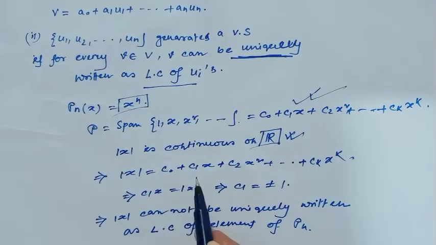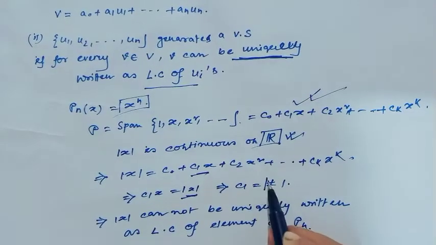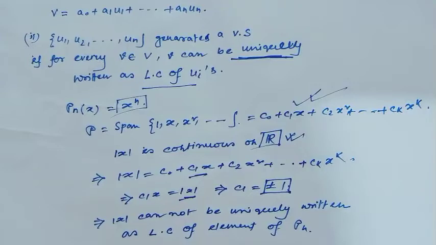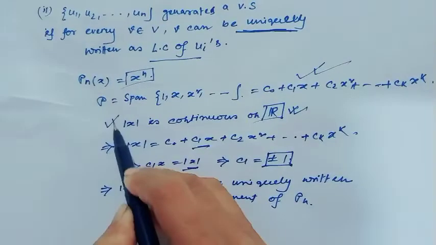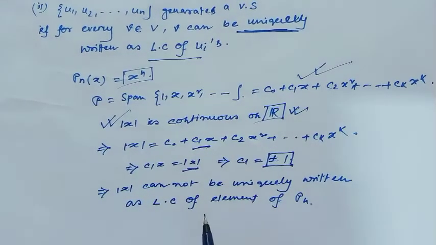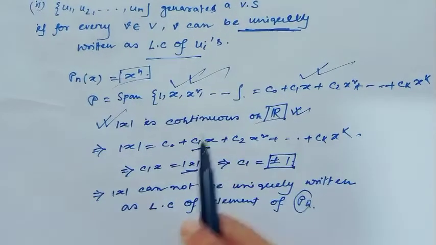That implies C1x equal to mod x, and that means C1 equal to plus minus 1. That means this function mod x cannot be uniquely written as a linear combination of the elements of this set.